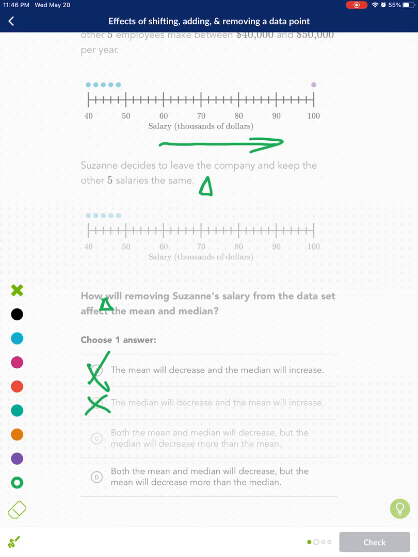One says the median will decrease more than the mean. The other says the mean will decrease more than the median. Now we could do the math on this, but when you remove an outlier of that size, the mean is going to decrease more than the median. I'm going to say D.